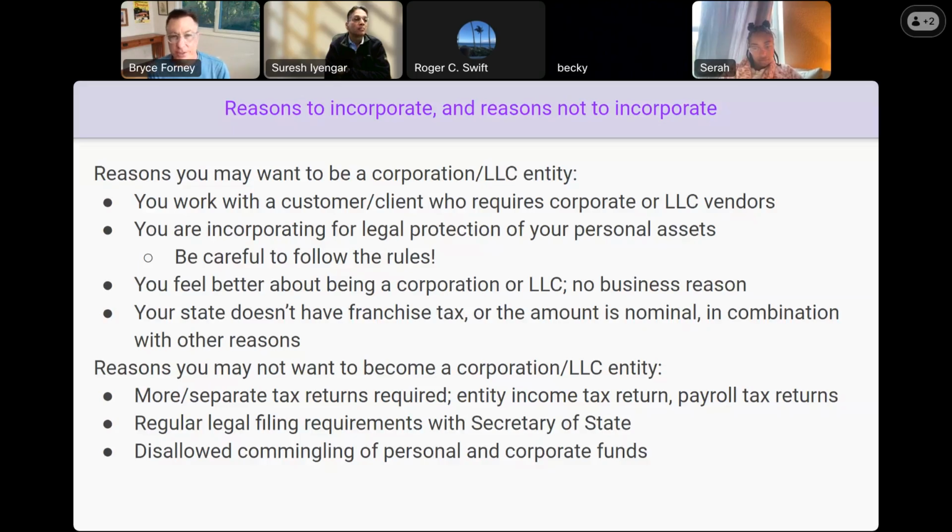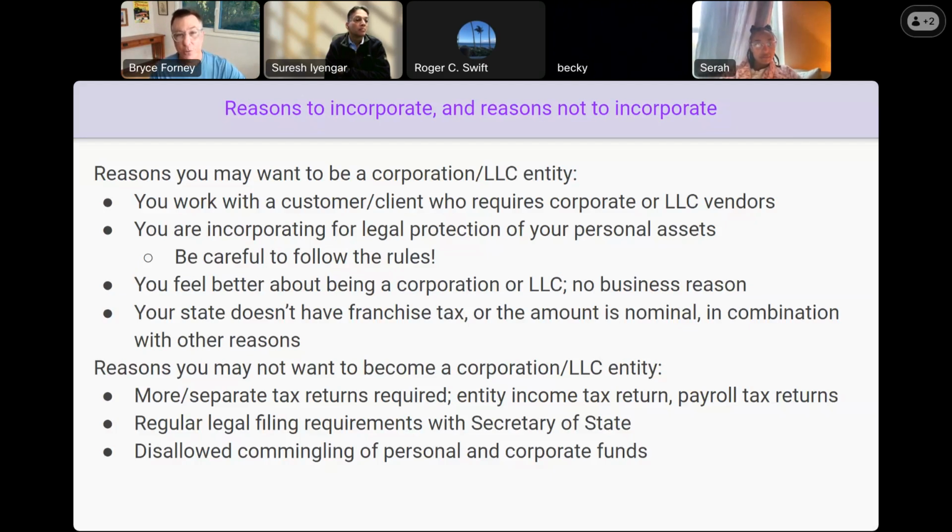And then the final reason you may not want to incorporate is because if you are an S corporation or a C corporation, you are prohibited from commingling funds, meaning making a transfer from the business account to your personal account. You need to do that through wages, or if you've evidenced retained earnings, then in the subsequent year, you could have a line item in your minutes that says that you're going to transfer some of that retained earnings in the S Corp example.